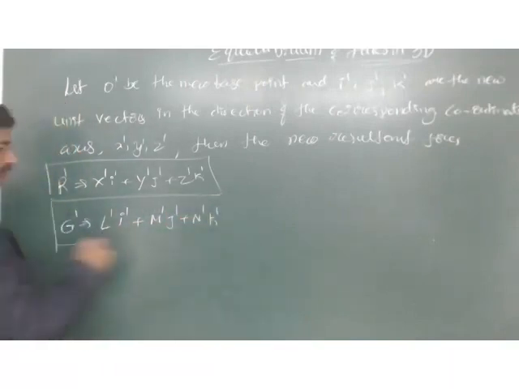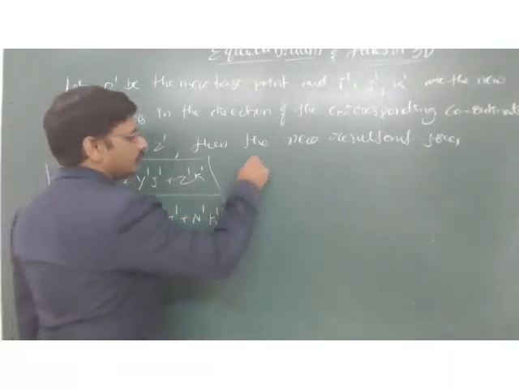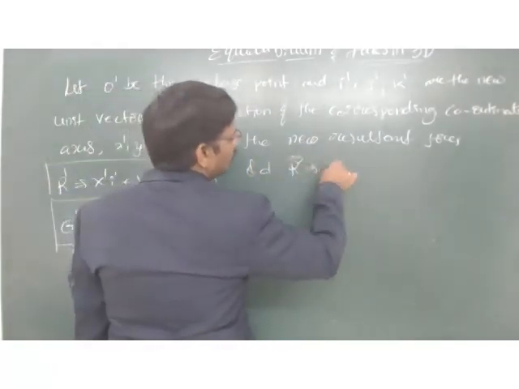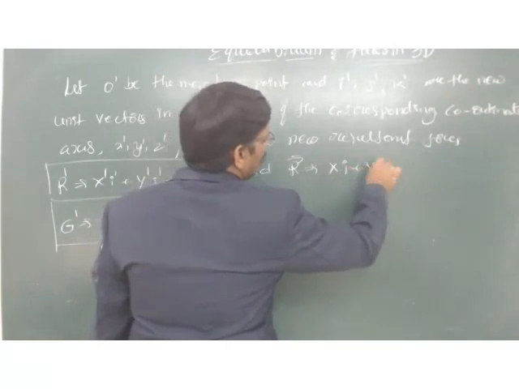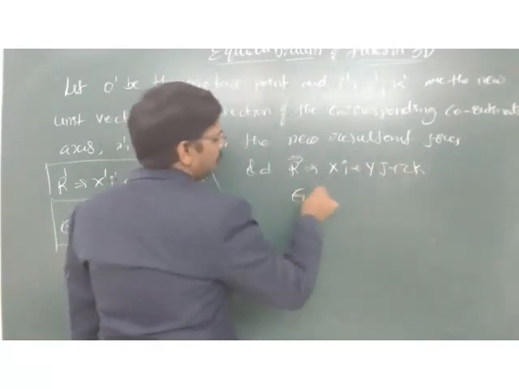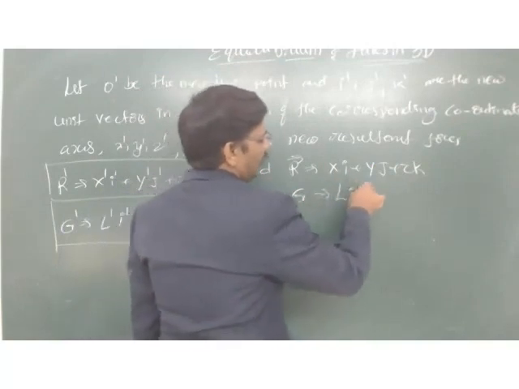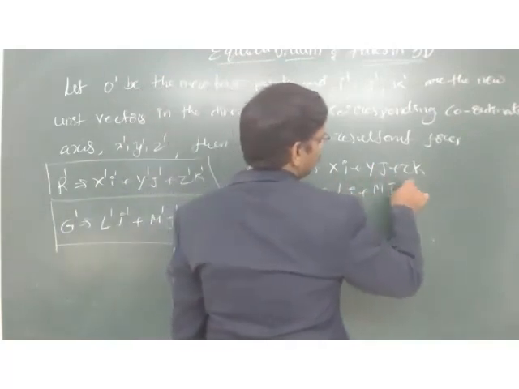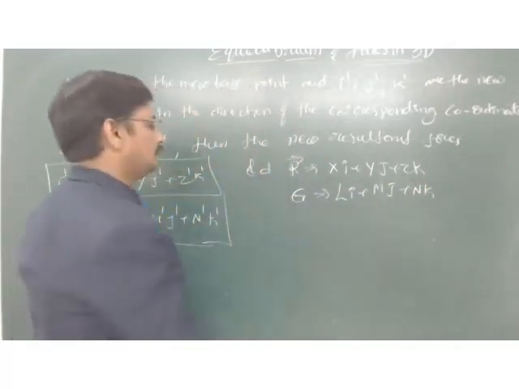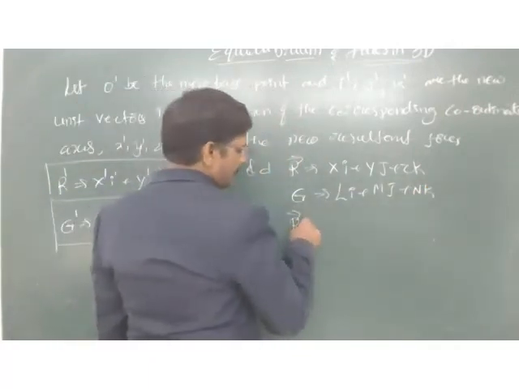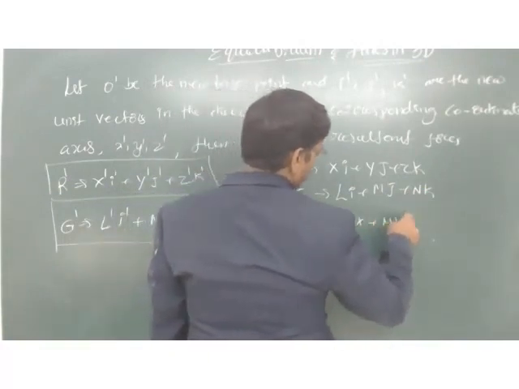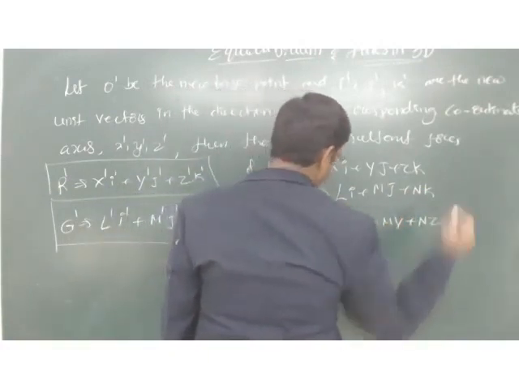And the old moments you can express as, old resultant force R is equal to Xi plus Yj plus Zk, and similarly G is equal to Li plus Mj plus Nk. Now this dot product we proved is Lx plus My plus Nz, right?